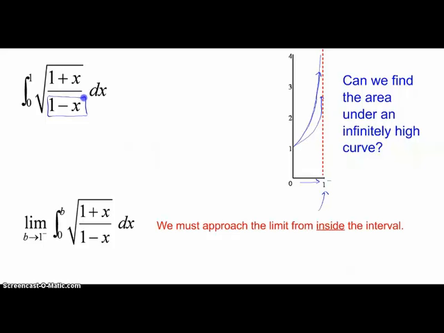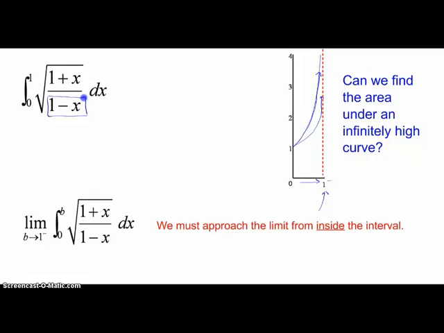And the closer and closer we get to 1 from the left, if not a lot of appreciable area is added to the area that's already being accumulated, then that's what convergence looks like. But if your function doesn't get close enough to its vertical asymptote, if area continues to be added and added and added onto there, that's what divergence looks like in this context.